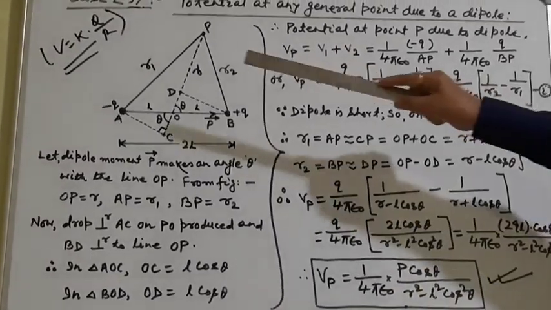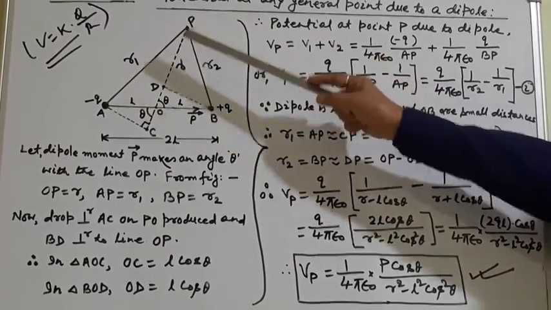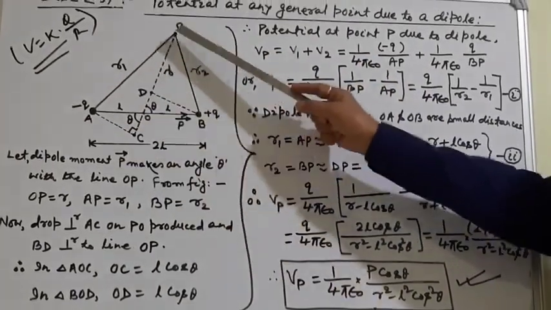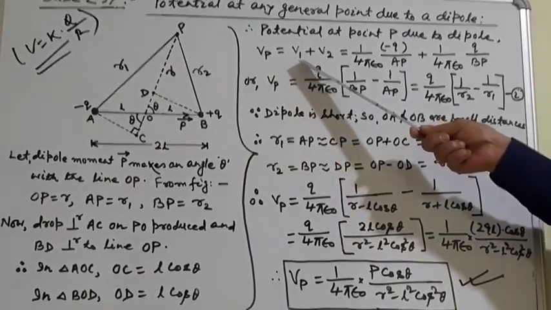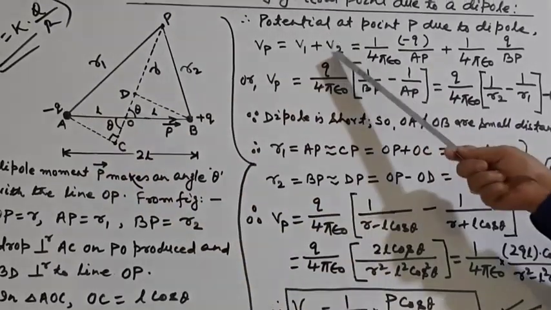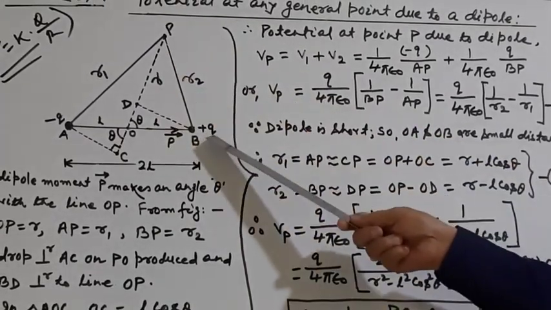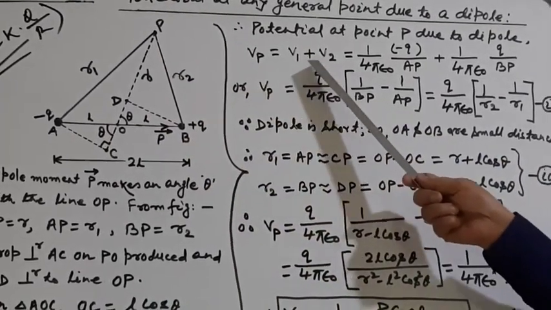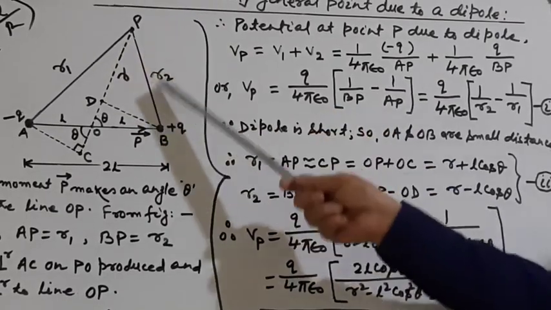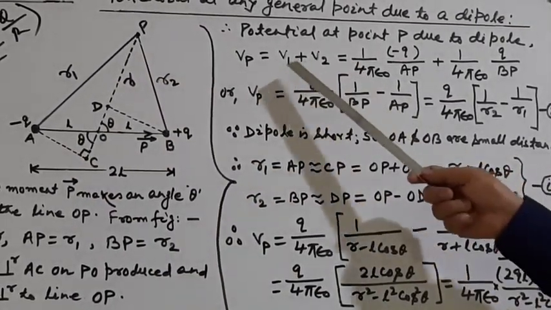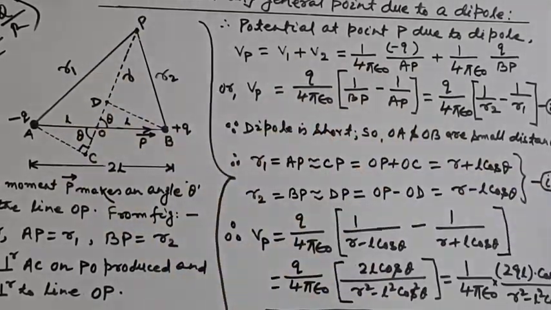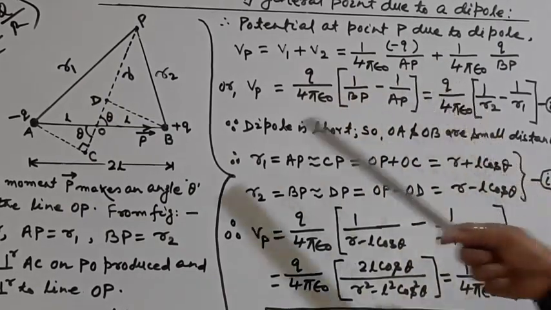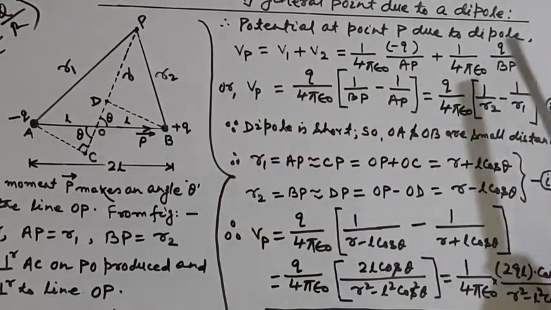Now, in order to find potential at point P, we shall calculate the potential at P due to minus Q charge and the potential at P due to plus Q charge. Here I have taken V1 as the potential at P due to minus Q charge, V2 as the potential at P due to plus Q charge, and when both are added, it will give the value of potential at P due to this dipole. So V1 is 1 by 4 pi epsilon naught times minus Q by the distance AP. V2 is 1 by 4 pi epsilon naught times Q by the distance BP.